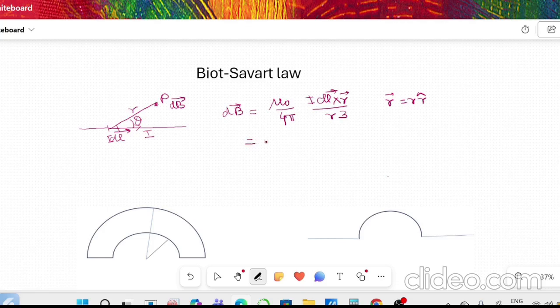So we can modify this formula using mu 0 by 4 pi, I of dl cross r hat, and dl cross r hat is simply dl sine theta, because the mod of r hat is 1 and the angle between these two vectors is theta, that is A cross B is AB sine theta.